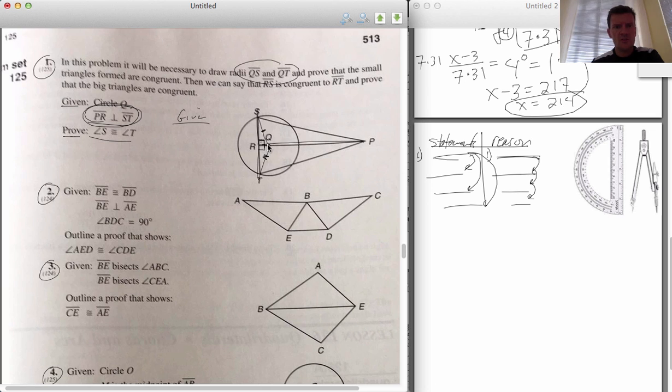This little segment QR is a part of both of those triangles. So you know that QR is congruent to itself, and I believe that's called the reflexive property. So now we have this little triangle here and this little triangle here.